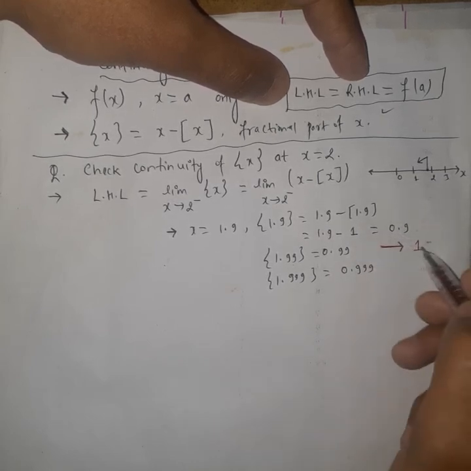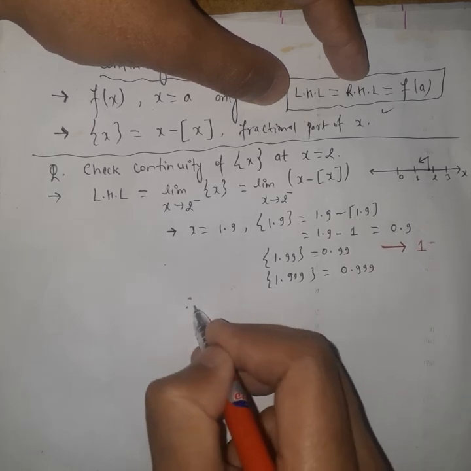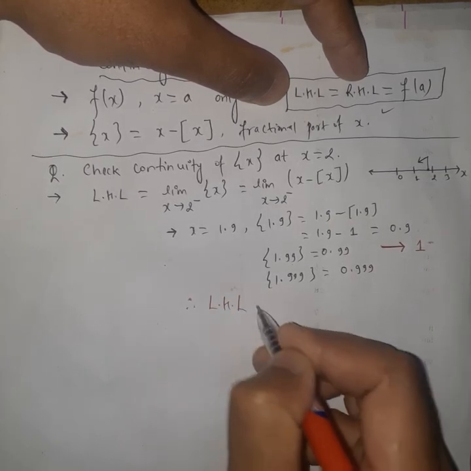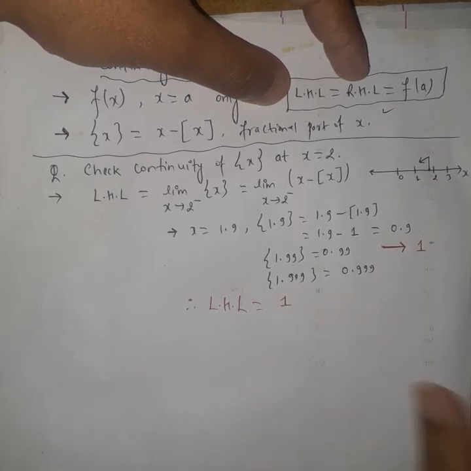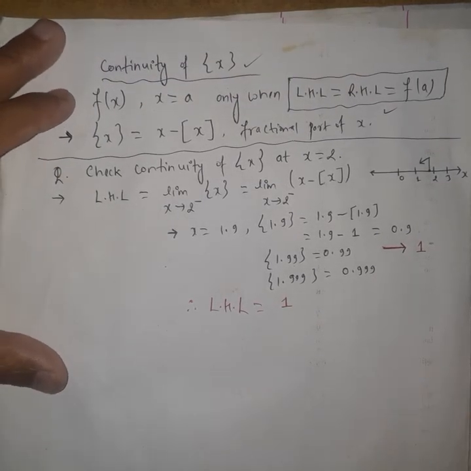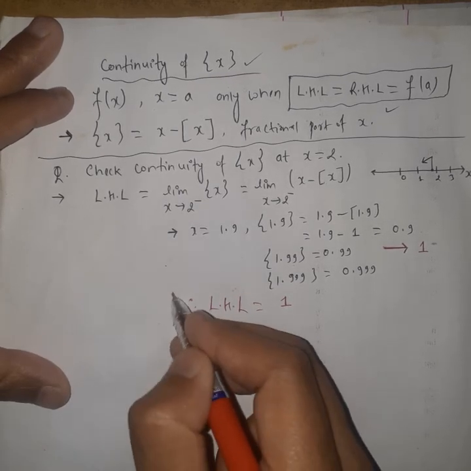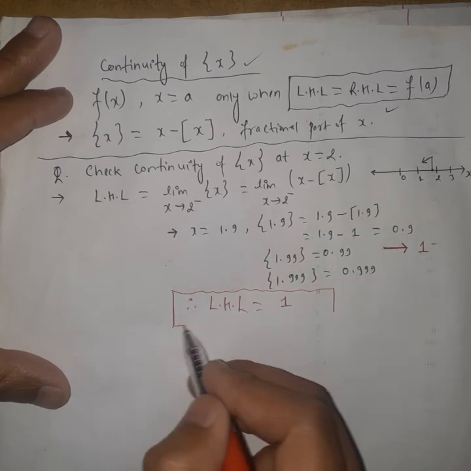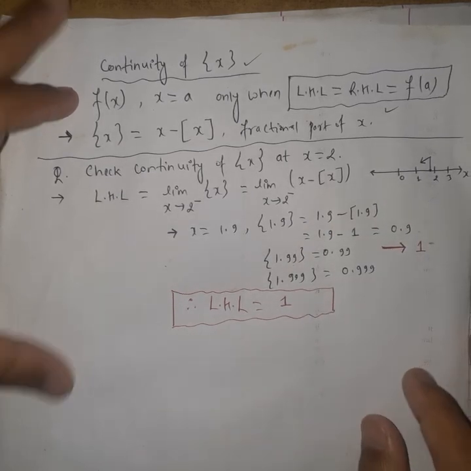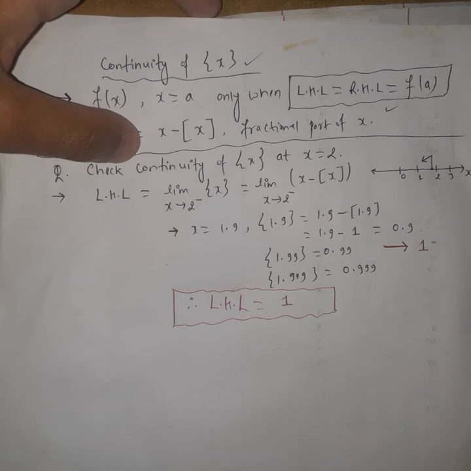All this data is very close to 1, so the left hand limit is 1. Here we calculate the left hand limit for the fractional part function when we approach the number 2 from the left hand side. The left hand limit value is 1.